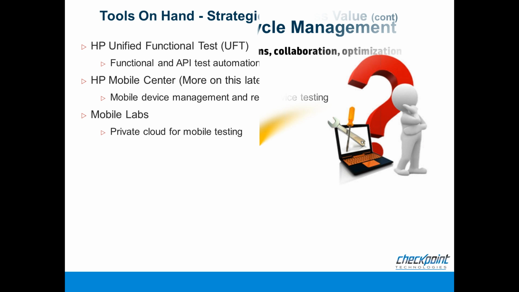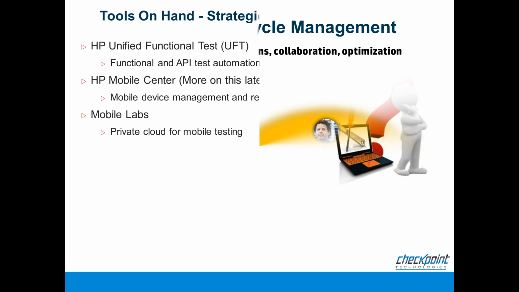Mobile Labs is another application that actually provides a private cloud for your mobile testing. And there are some tools out there that offer a public cloud for your mobile testing. It's great in some respects, but some organizations have a challenge with the security side of testing all their data in a public cloud.